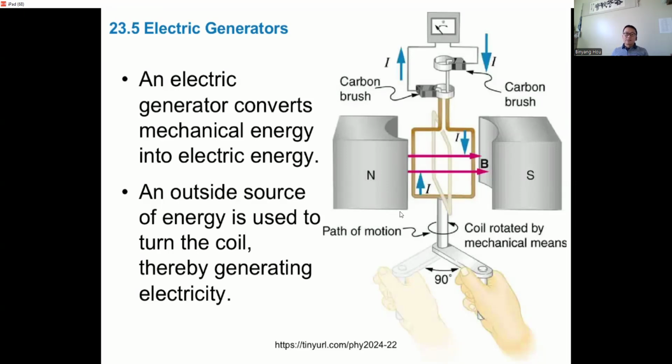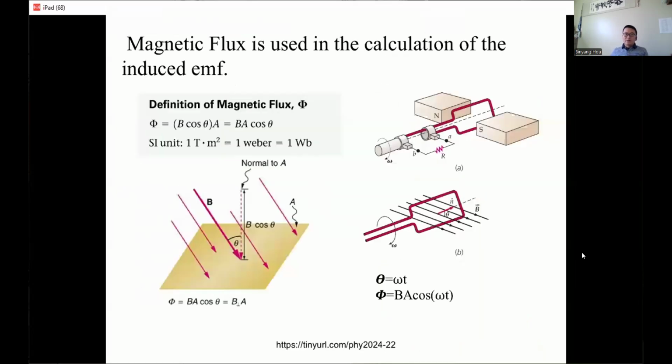All right, so if you do that, there's a flux changing in the coil, and then you will have induced EMF, which generates electricity. So you're converting your mechanical energy into electric energy. Mathematically, it's because theta is changing as a function of omega times t.